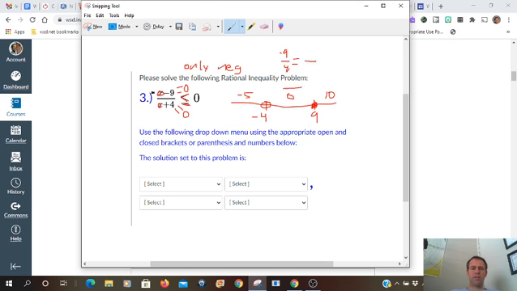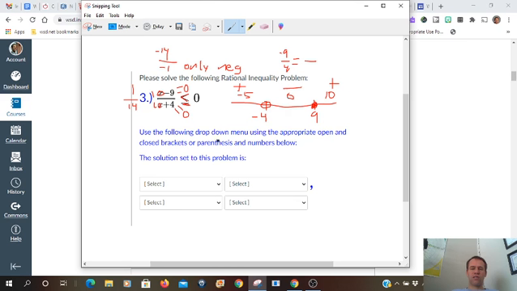Then when you plug in a -5, you get -14 on top. With the -5 on the bottom, you get a -1. A negative divided by a negative is a positive. And then plug a 10 in. 10 minus 9 is 1, and 10 plus 4 is 14, and it is a positive over a positive, so a positive number.